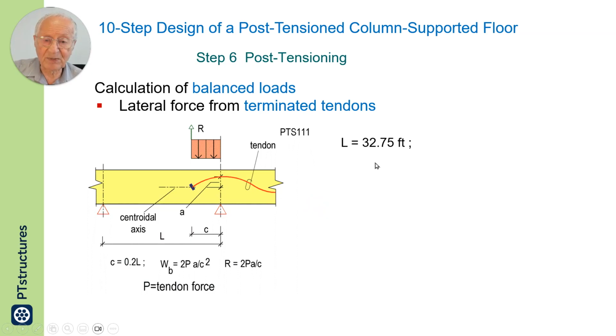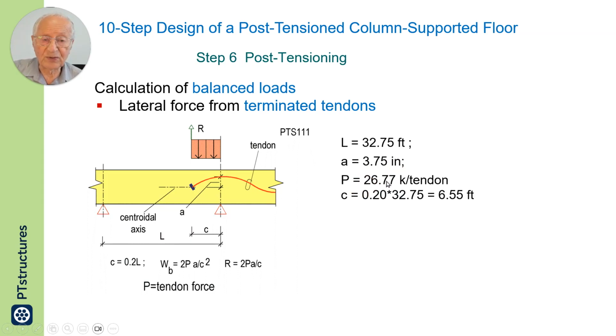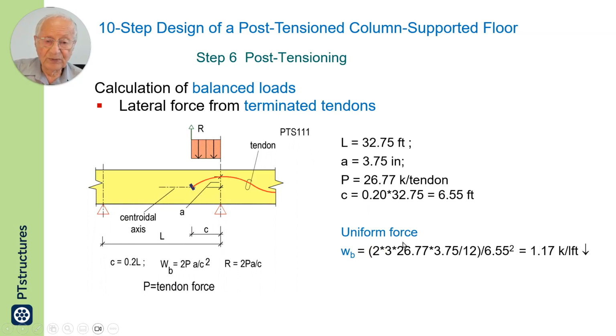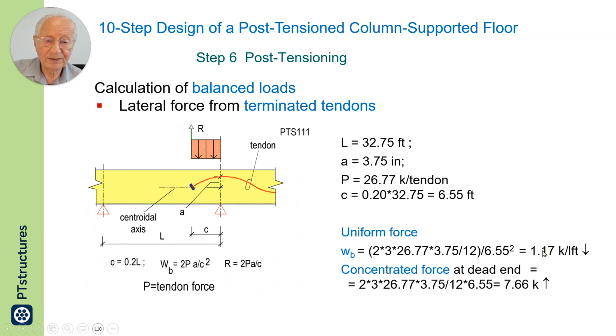The length of the span is total 32.75 feet. The extension here is this much. Tendon force is this much each. I have 3 of them. So for uniform force WB, this will be so much.